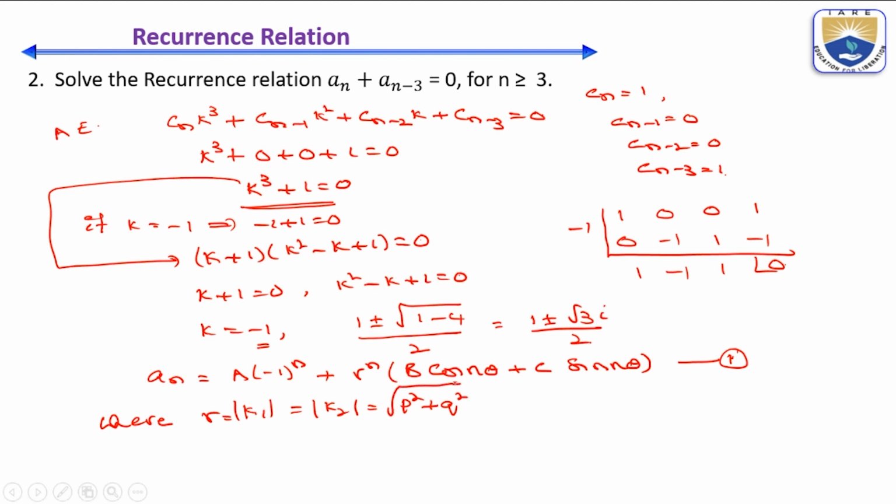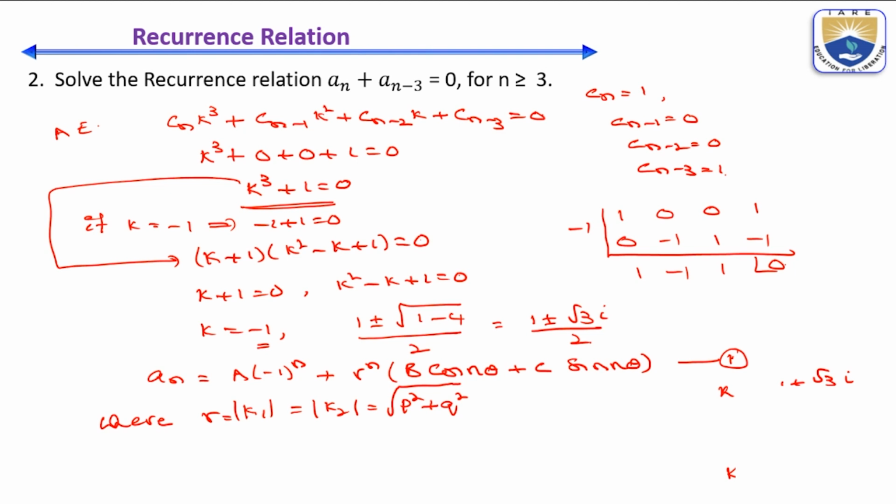Then here I am going to take k2 as 1 by 2 plus root 3 by 2 i, and k3 as 1 by 2 minus root 3 by 2 i.